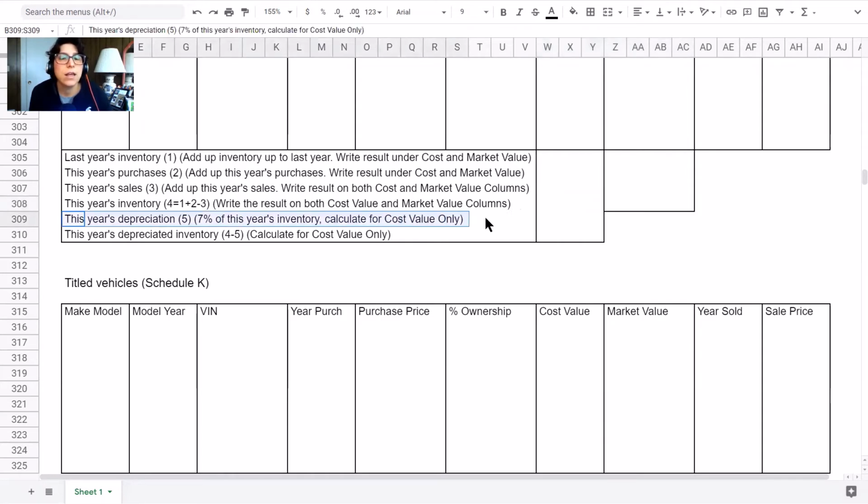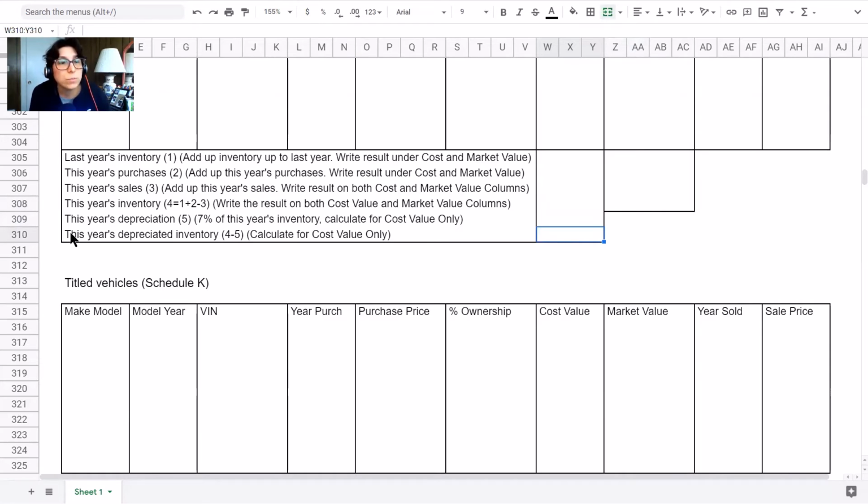And there's different ways to calculate depreciation, but for our purposes, we usually use economic depreciation, which is 7% of the total inventory. So we just calculate 7% of these numbers, enter that here, and then subtract this number from this number and enter the result here.